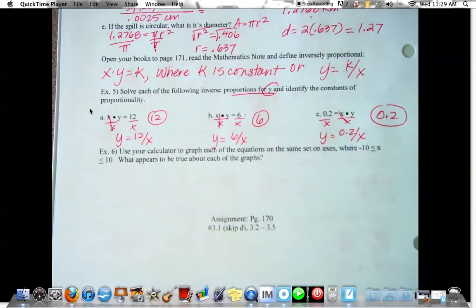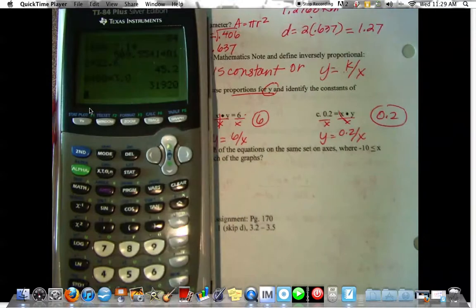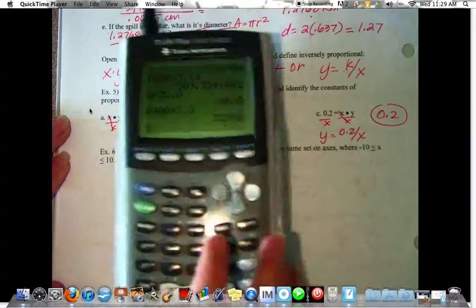Use your calculator to graph each of the equations on the same set of axes, where negative 10 is less than or equal to x, which is less than or equal to 10. So find your graphing calculator.